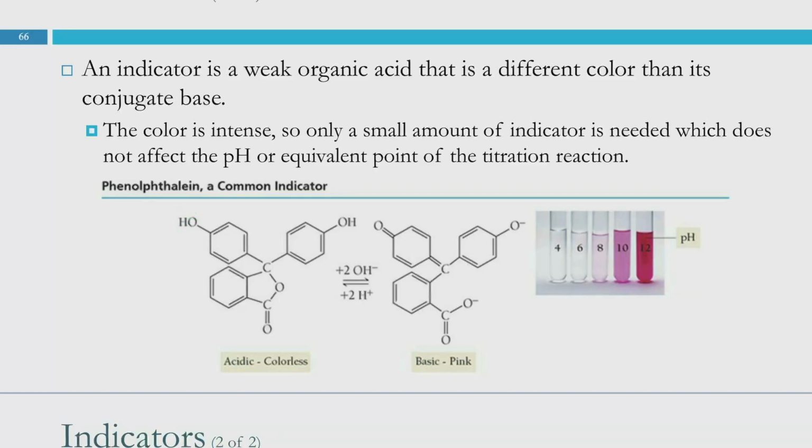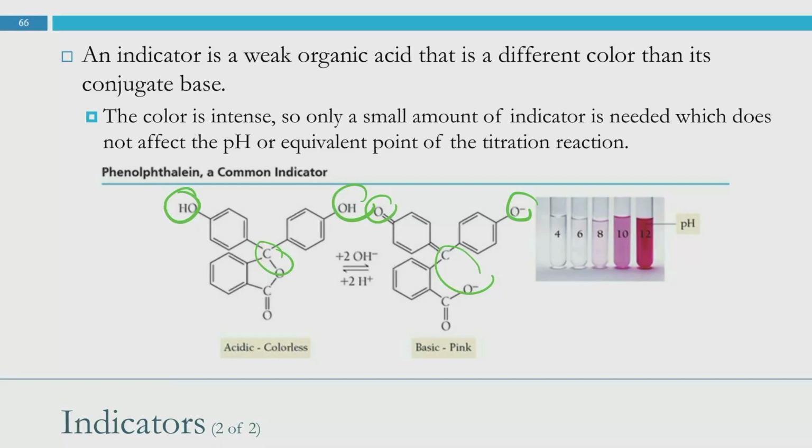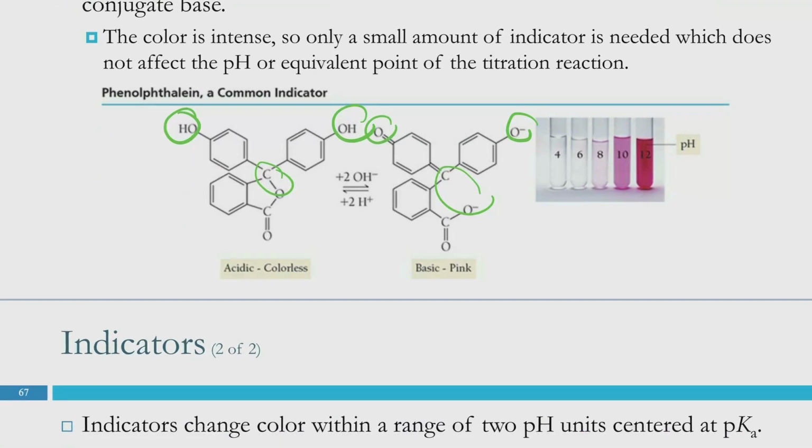So these groups change. There's also this linkage that changes. There's a couple of changes that happen when we put this into a basic solution that cause it to restructure and absorb light differently or interact with light differently to turn that pink color.